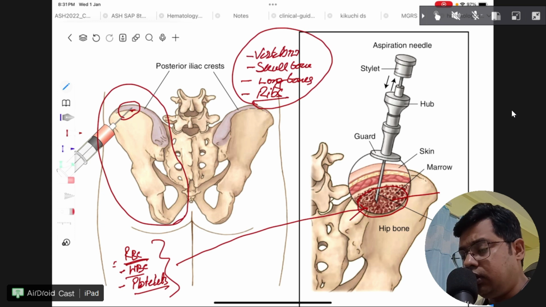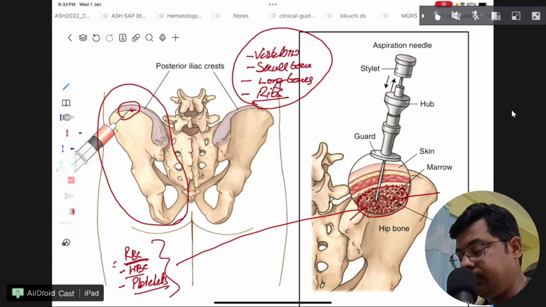Now, what is the exact procedure to perform a bone marrow examination? First, we have to take written consent from the patient or patient relatives about this procedure.